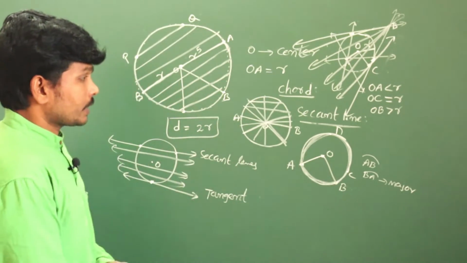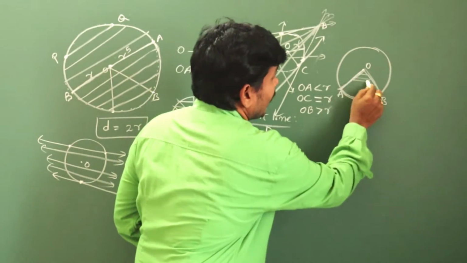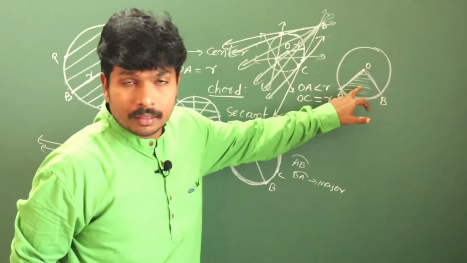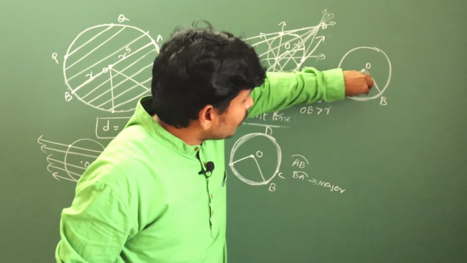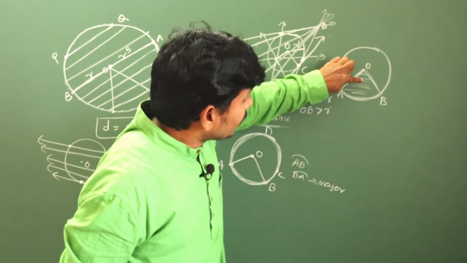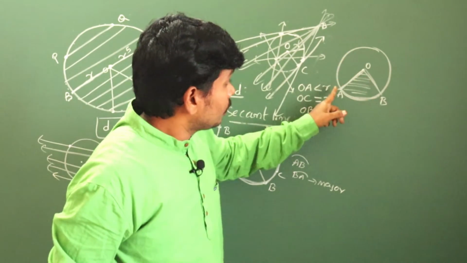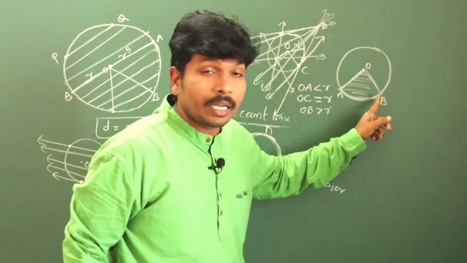Okay. Next, what is meant by sector? A sector is the circular region bounded by 2 radii and the corresponding arc. It is a portion of the circular region which is enclosed by the 2 radii and the corresponding arc.